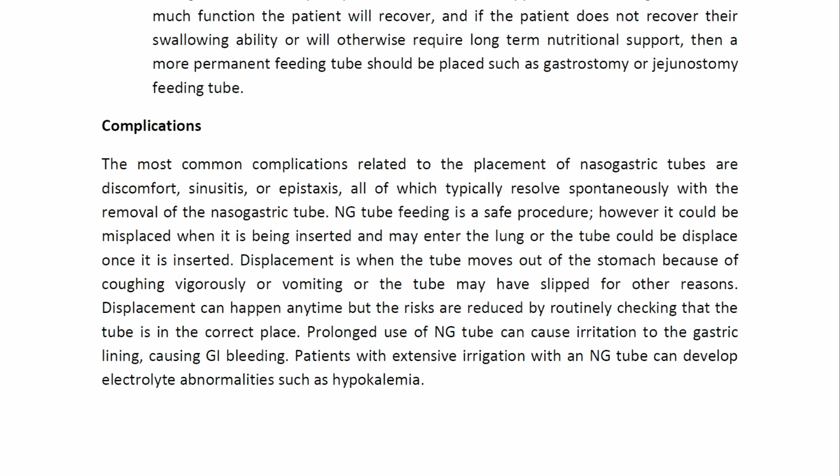Displacement is when the tube moves out of the stomach because of coughing vigorously or vomiting, or the tube may have slipped for other reasons. Displacement can happen anytime, but the risks are reduced by routinely checking that the tube is in the correct place. Prolonged use of NG tube can cause irritation to the gastric lining, causing GI bleeding. Patients with extensive irrigation with an NG tube can develop electrolyte abnormalities such as hypokalemia.